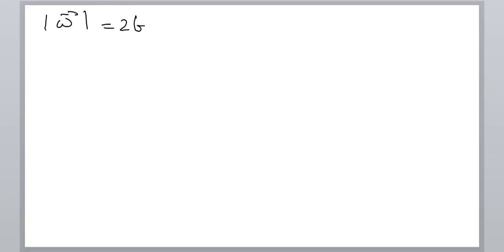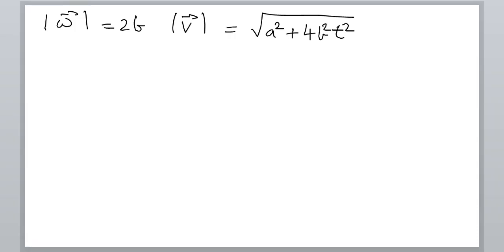That is equal to 2b, and the modulus of v vector will be equal to the square root of a squared plus 4b squared t squared. Okay, this is the modulus of v vector, this is the modulus of w vector.